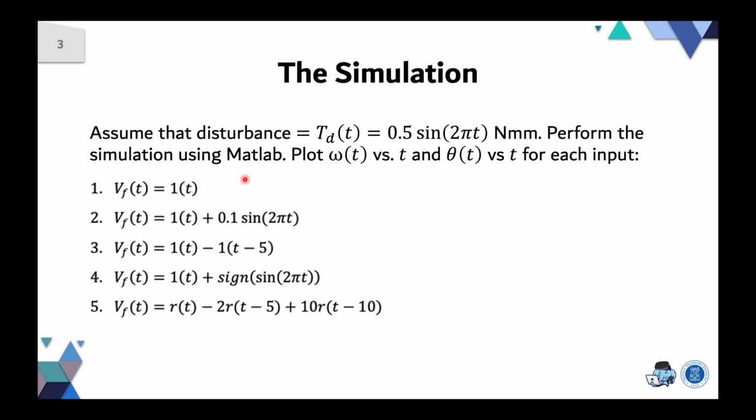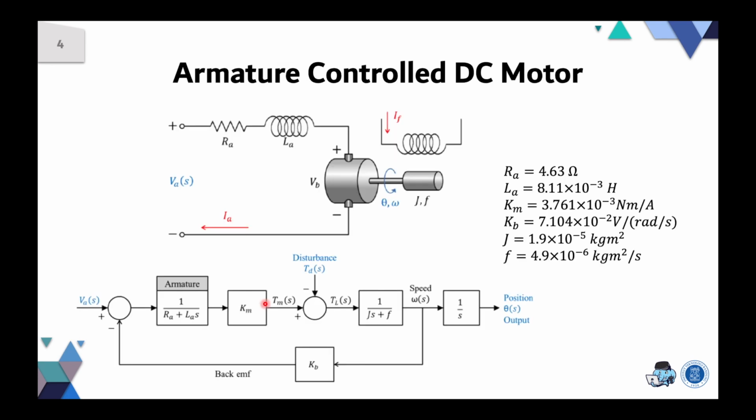Okay, so we have done all this, and the last simulation is for the armature control DC motor. For the armature control DC motor there is something different, which is the back EMF. This back EMF is produced by the omega. As the omega increases, the back EMF increases, so it is proportional to the speed.